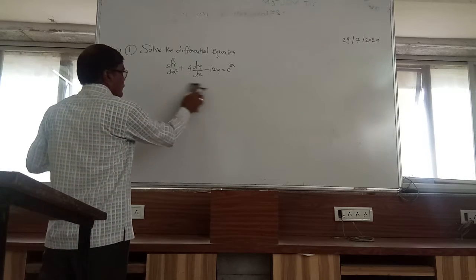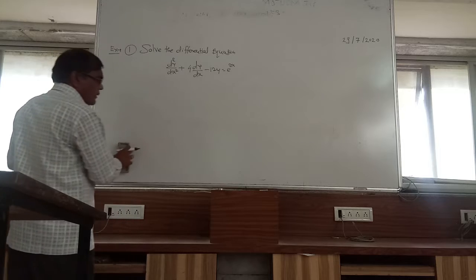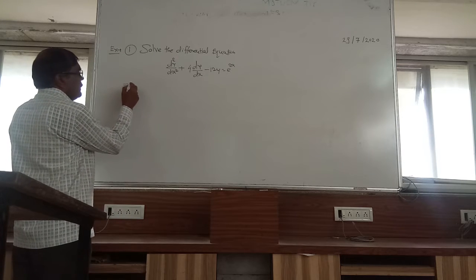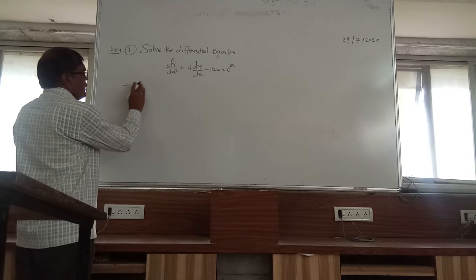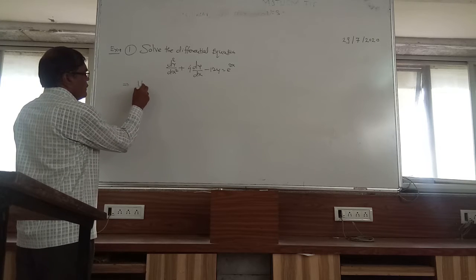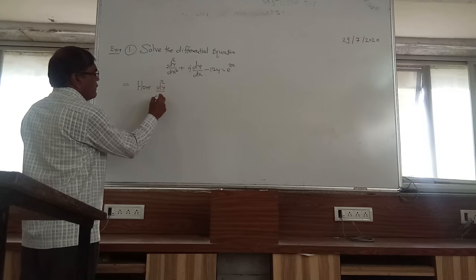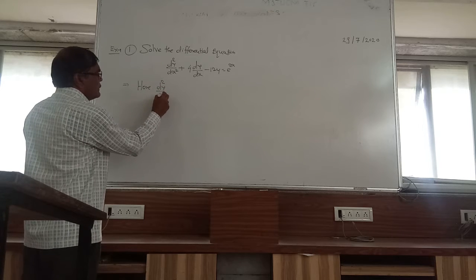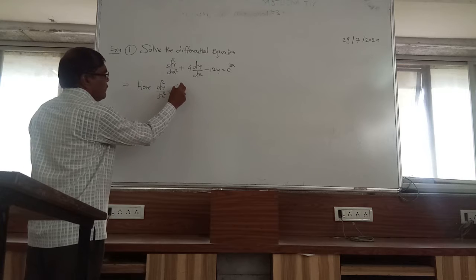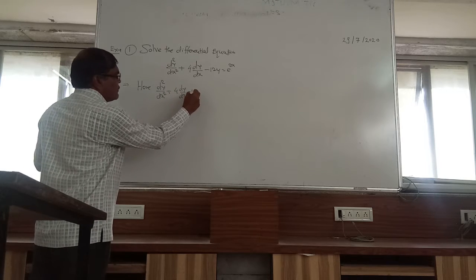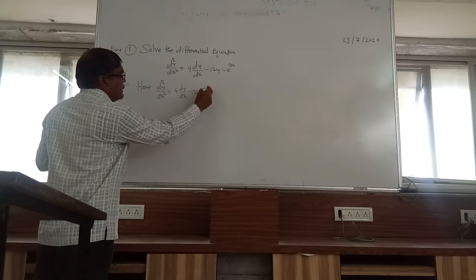Now, first of all, we have to find the complementary function. So here d2y by dx square plus 4 dy by dx minus 12y is equal to e raised to 2x.